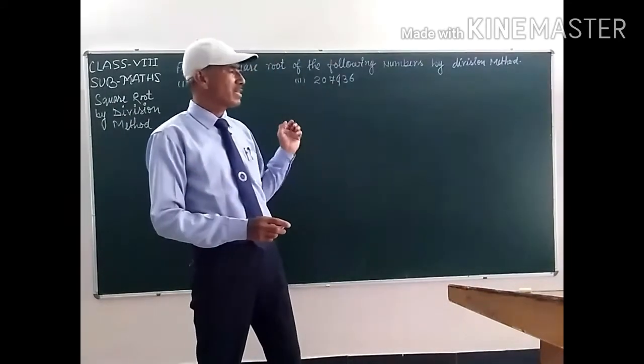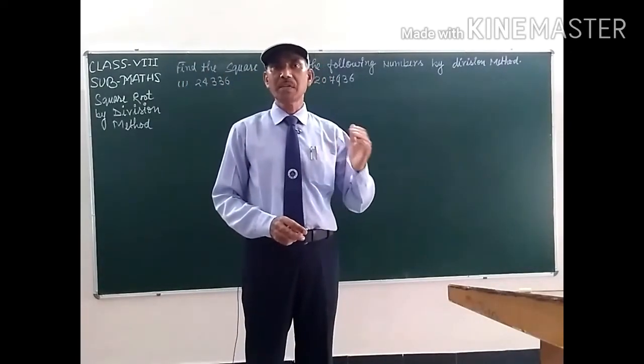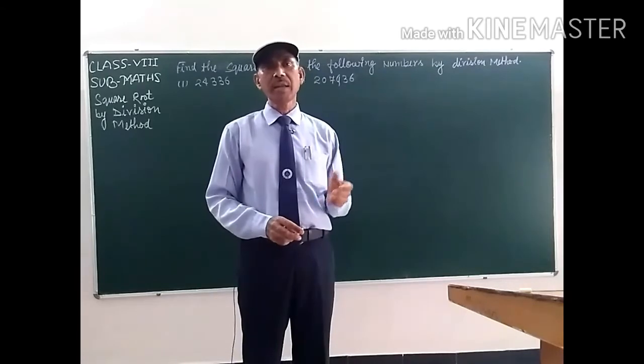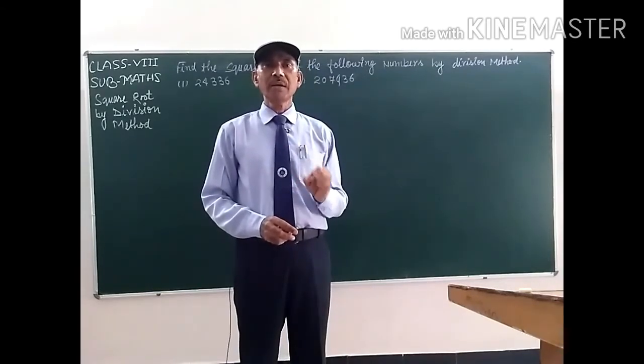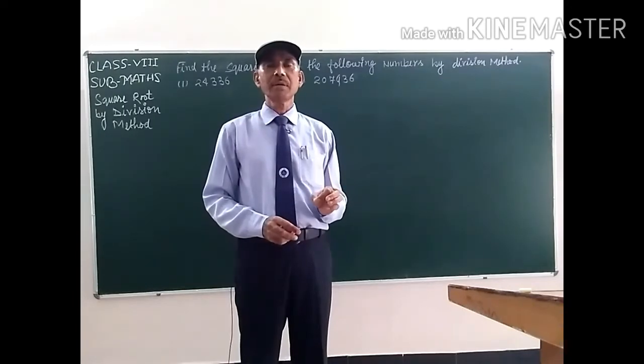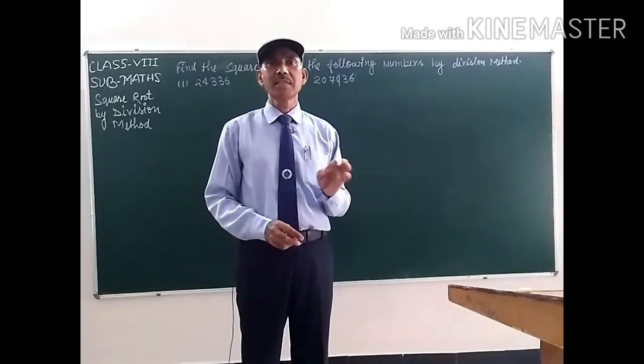But today we will discuss numbers with more than 4 digits, 5-digit numbers, 6-digit numbers, or any number. How do we find the square root of any number using division method? Today we will discuss this point.